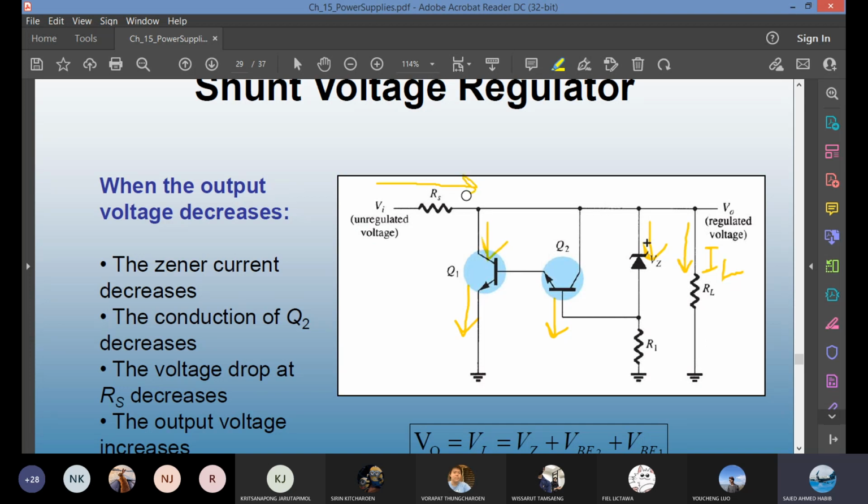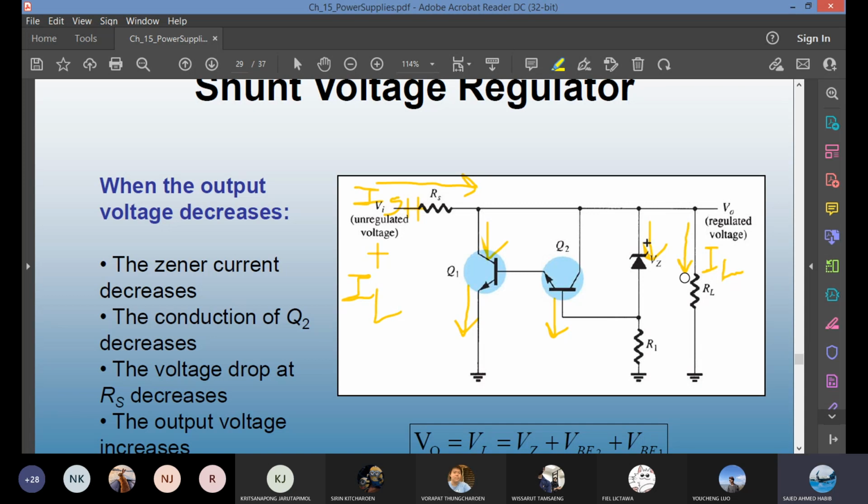You see the main current IS equals I shunt plus I load. The shunt is going through the collector of Q1 and the rest is going to the load. So this is I shunt plus I load. What is our problem? Our main problem now is I load is trying to go down.